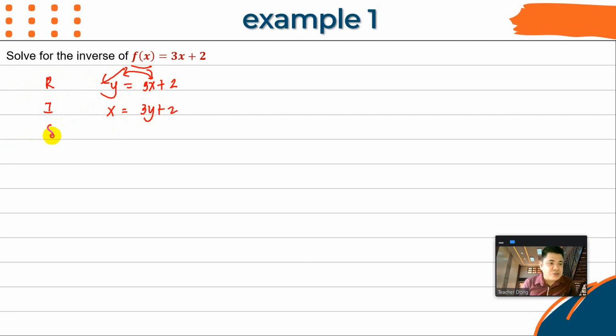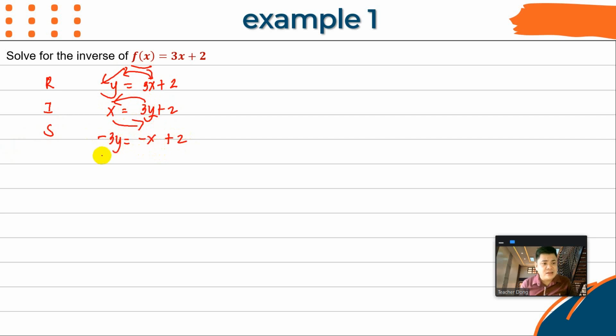Then after that, you solve. What will you solve? The value of y. You have to make sure that y is on the left. So we will transpose 3y to the left and x to the right. We will have negative 3y equals negative x plus 2. You transpose x, and it becomes negative x.